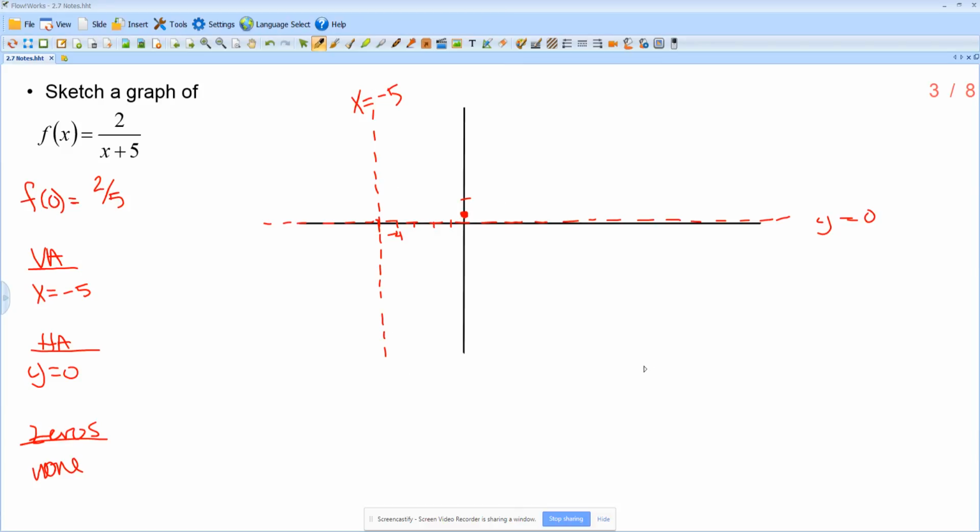So what I do is I substitute in, here we have x and f of x. I substitute in -4. If I put -4 in, I would have 2 over 1, which is 2. So -4, comma 2 is a point on this graph.